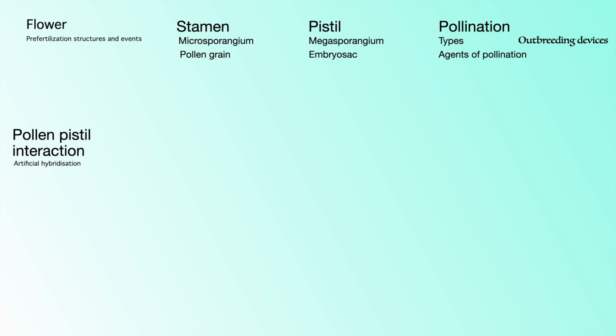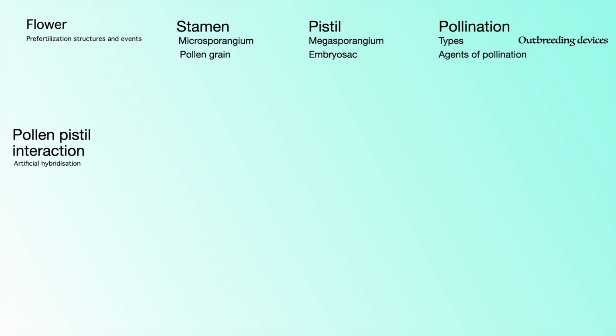Now after reaching the ovary, the pollen tube enters the ovule. We know that the ovule has a micropylar end and a chalazal end. The pollen tube enters the ovule through the micropylar end. Then it meets the synergid cells.